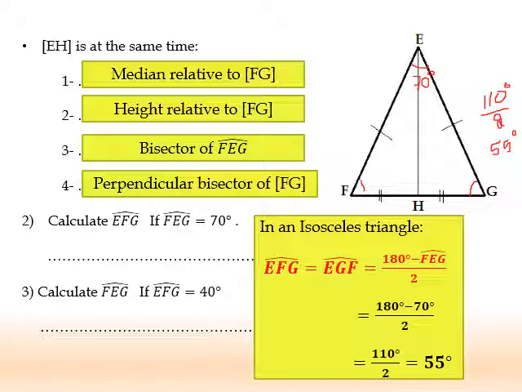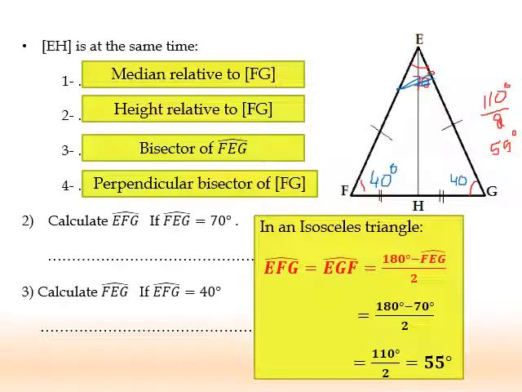Now, another given. FEG is unknown, I have to calculate it. EFG equals 40 degrees. Okay, I don't know the measure of angle E. Since EFG equals 40, then of course EGF equals 40 degrees. Why?